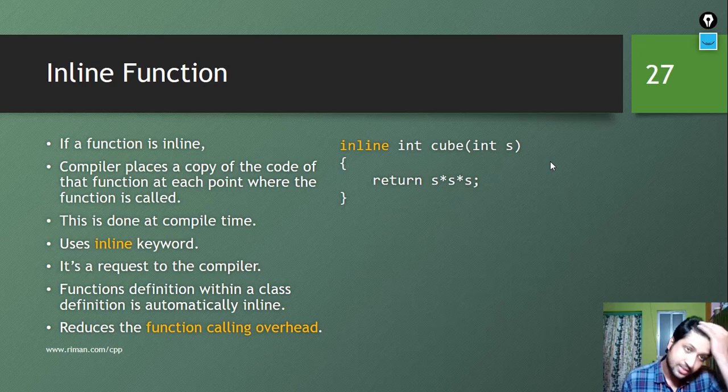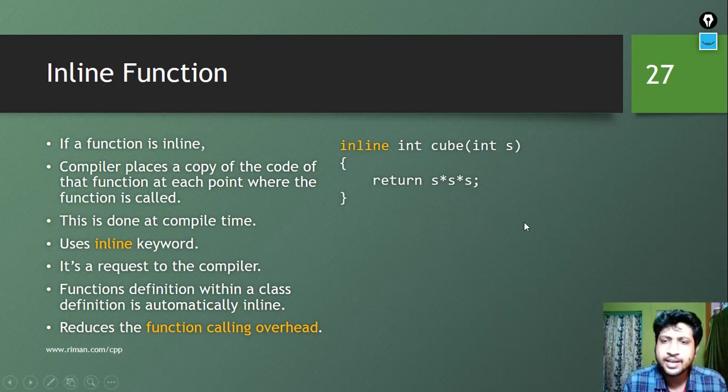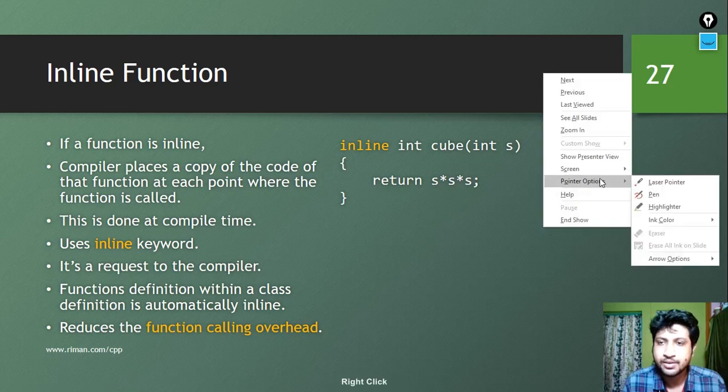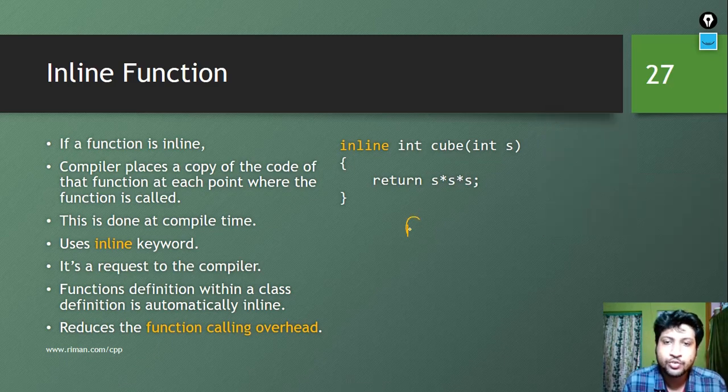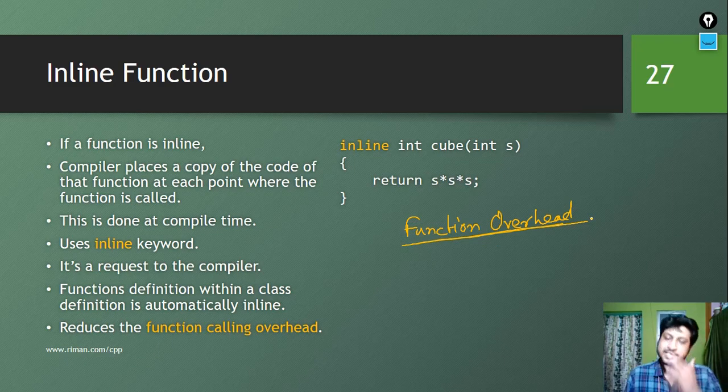Now, this is another concept called inline function. I guess you have heard about this term, function overhead. It is something like context switching in an operating system, if you know what an operating system is.